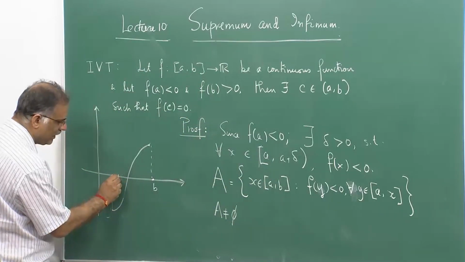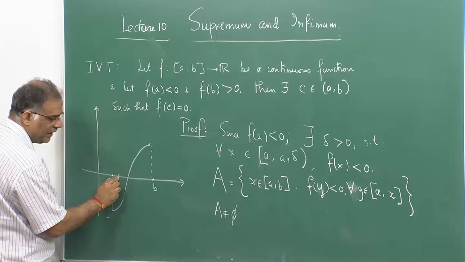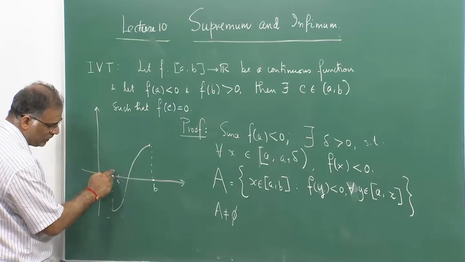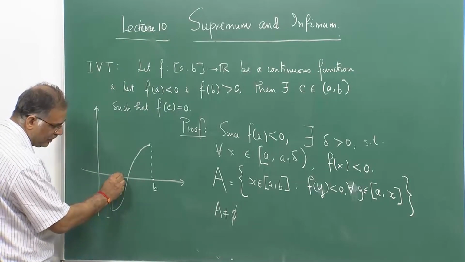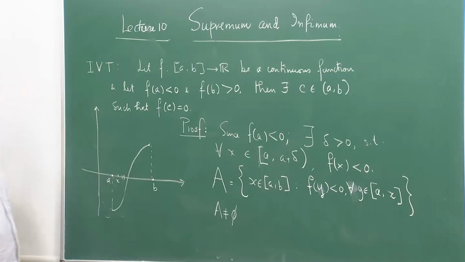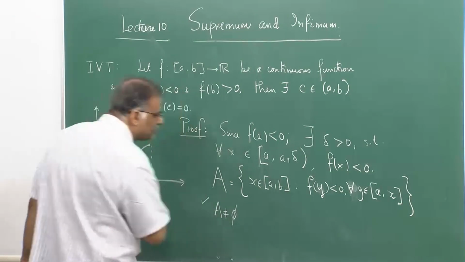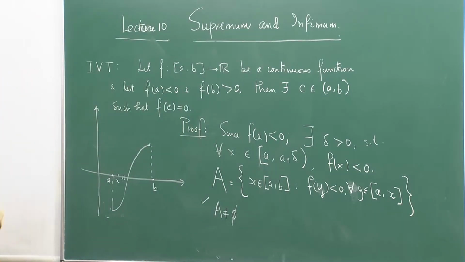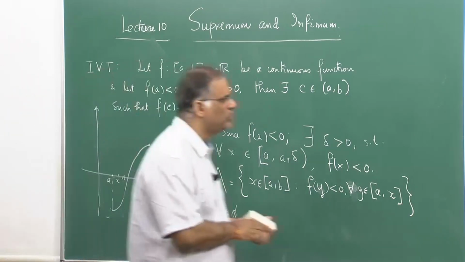So here is one x, here all the y values that you take between this interval are negative. Then you take this, the function value remains negative, then you take this, the function value remains negative. Now here I have a set which is non-empty. Now, what am I supposed to do with this? So this is what I am going to do next.